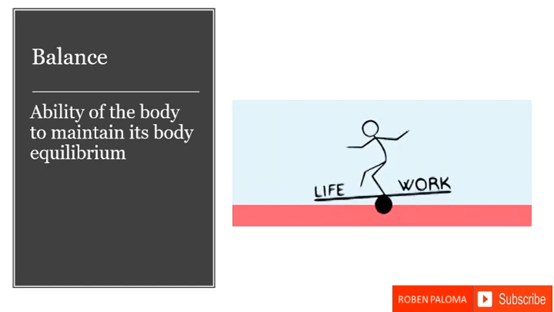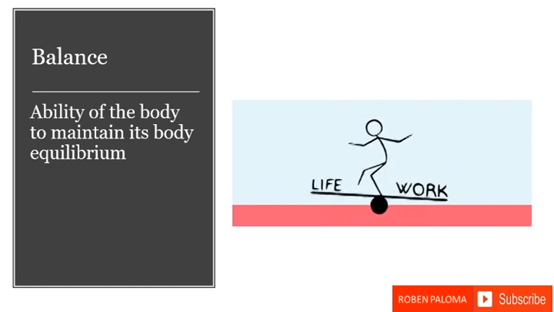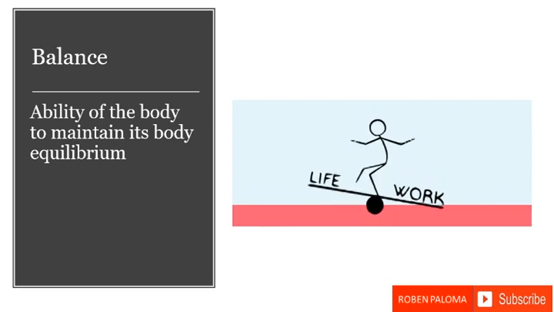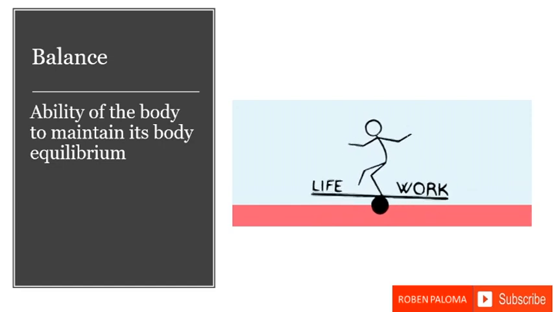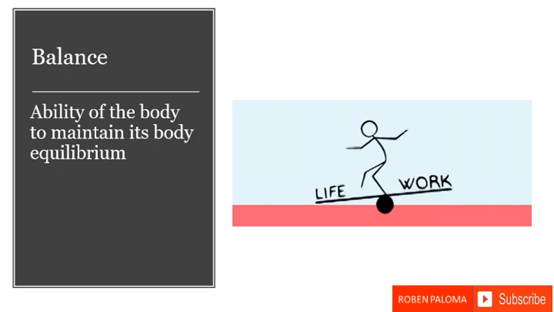For a certain situation, this component helps us remain steady for a certain activity. So therefore, it is very necessary for us to maintain our balance because if not, we might fall and we might not do our task effectively.